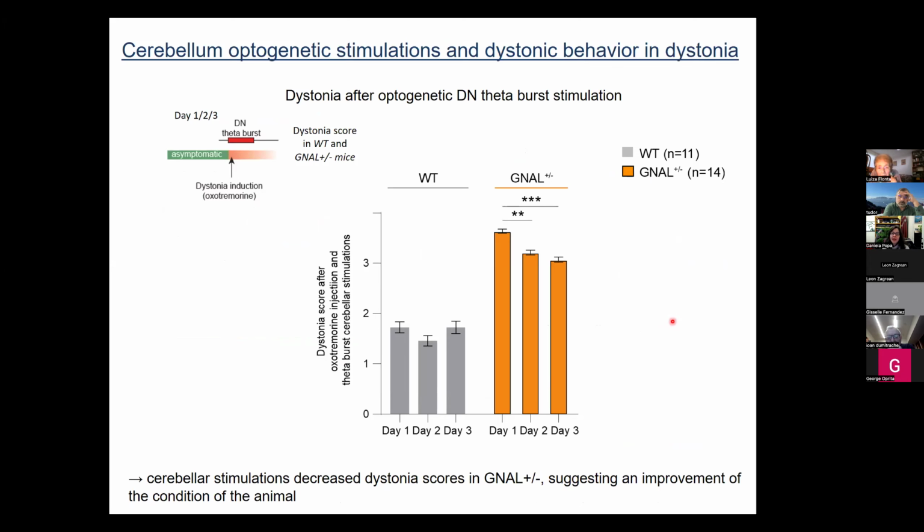We also looked at the behavior in this case, and here we can see dystonia after optogenetic dentate theta burst stimulation. These are the dystonia scores, and we see in the animal model of dystonia that the cerebellar stimulation produces a small decrease in dystonia scores, which suggests an improvement of the condition of the animal.